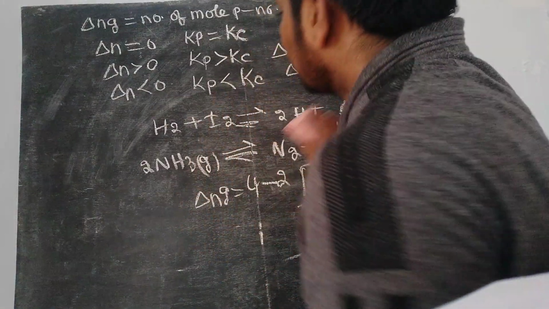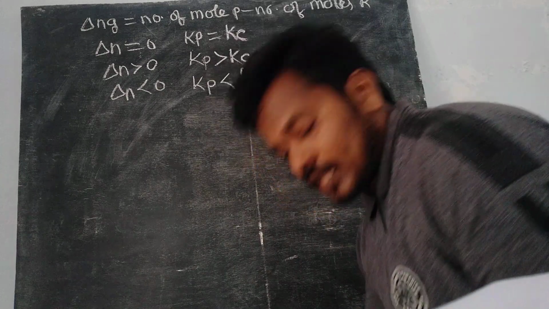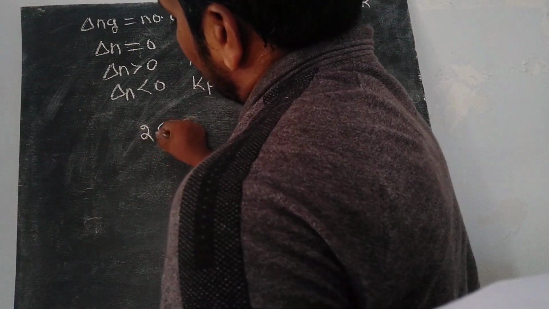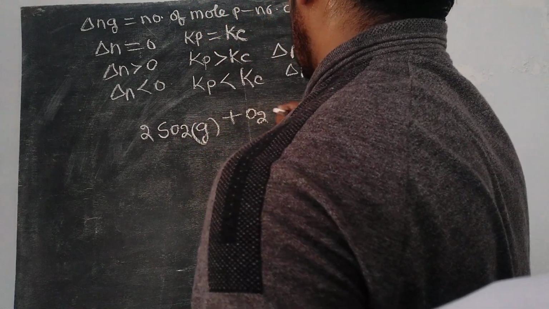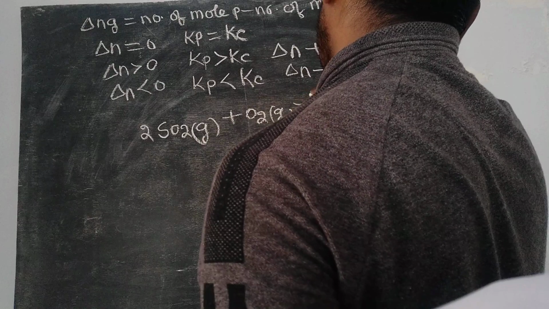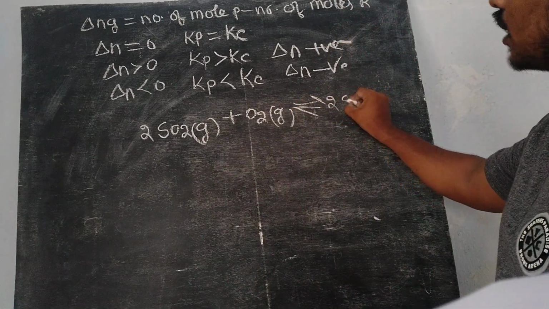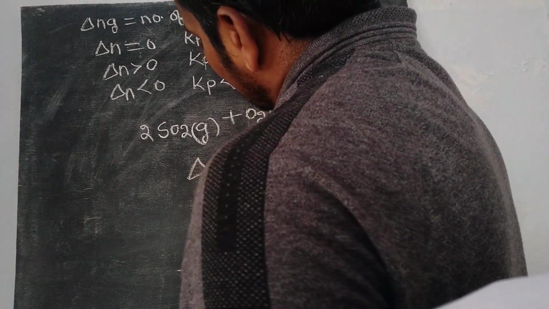By taking another reaction, we will see 2SO2 gas state plus O2 gas state, and now we will write 2SO3 gas state. So what is the delta Ng value?